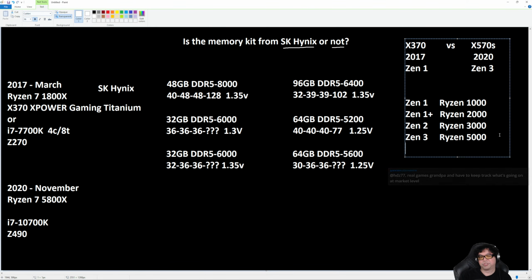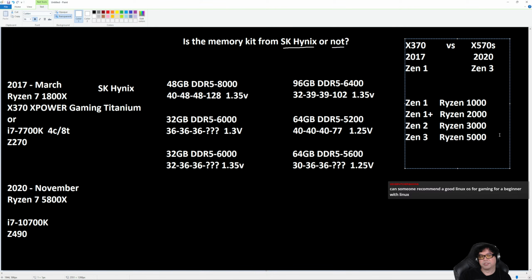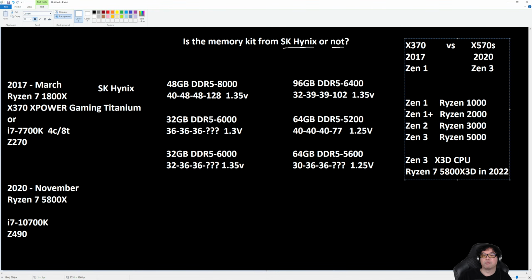And then to follow up, they launched the world's first X3D CPU, which was Zen 3 based. The Ryzen 7 5800X3D in 2022. 2022, like a year and a half after Zen 3 launched, it continued beyond. That's what it means to go beyond.